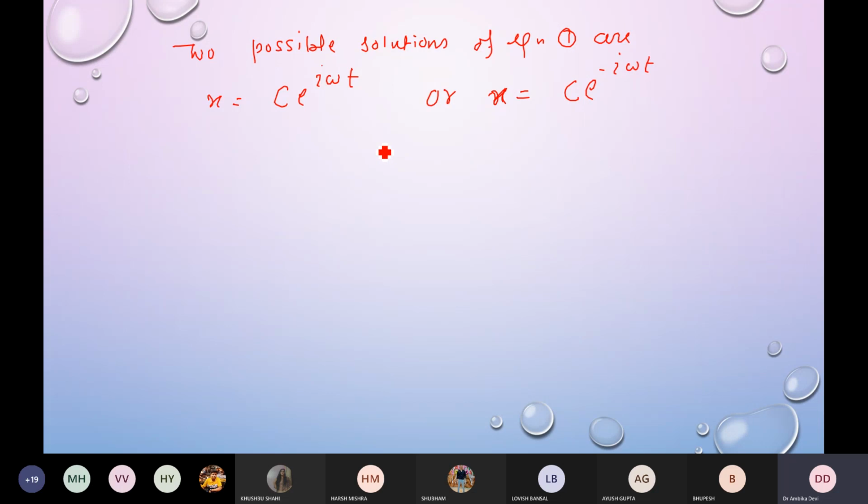So these could be two possible solutions of equation number 1, the differential equation for simple harmonic motion, right?